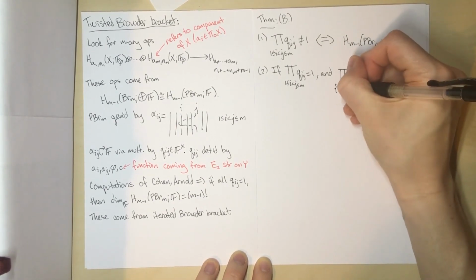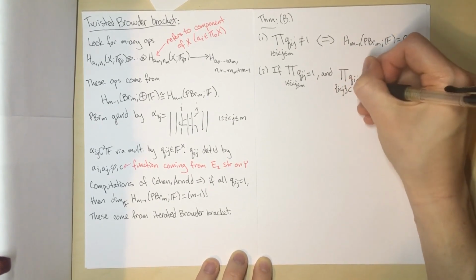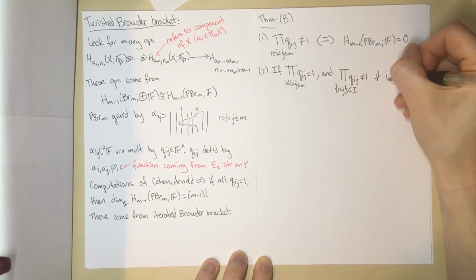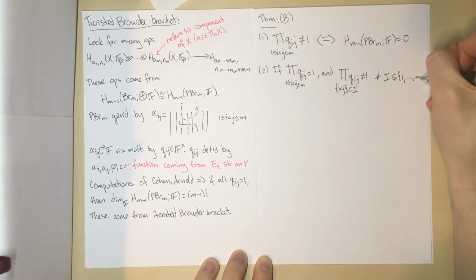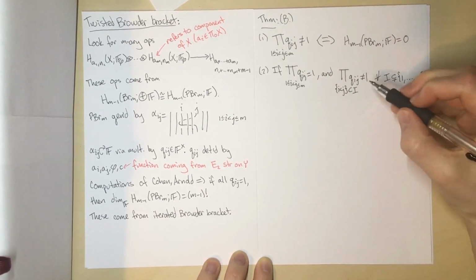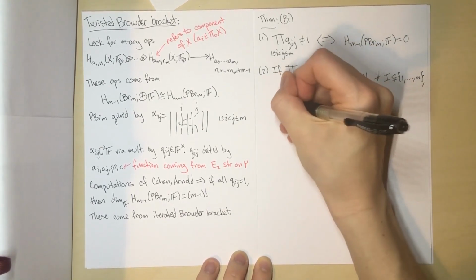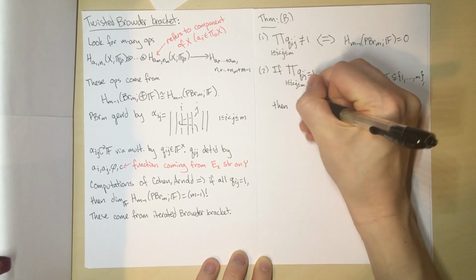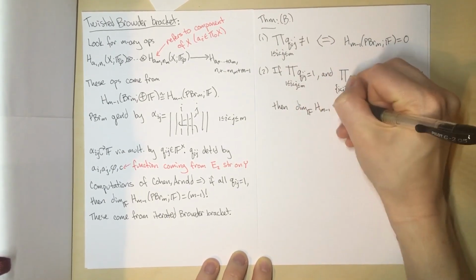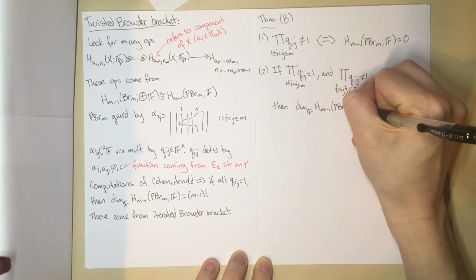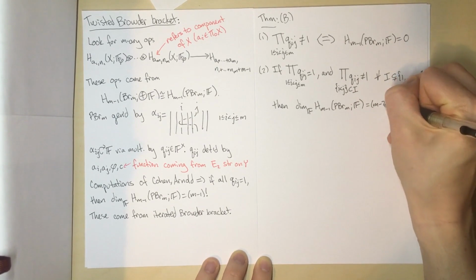So what I mean by subproducts are, I take all i less than j contained in some index set I, where I ranges over all proper subsets of 1 to m. So if I assume that all of these subproducts are not equal to 1, then I get that the dimension as an F vector space of this pure braid group homology is equal to (m minus 2) factorial.